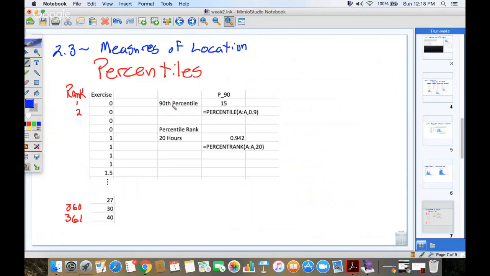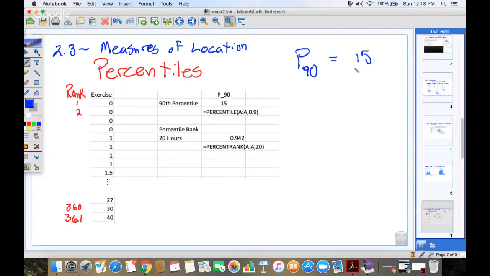The idea of a percentile is, for example, I asked the computer, what's the 90th percentile? The 90th percentile on paper is abbreviated P for percentile, with a little subscript of 90. When I'm typing on a computer, I do P underscore 90. And Google said the number 15 is the 90th percentile.